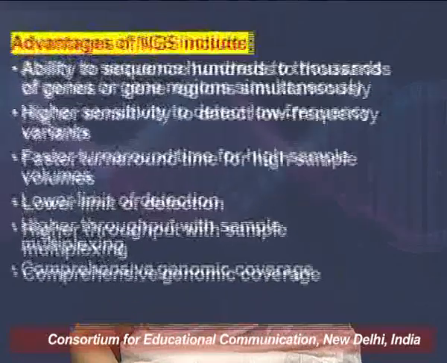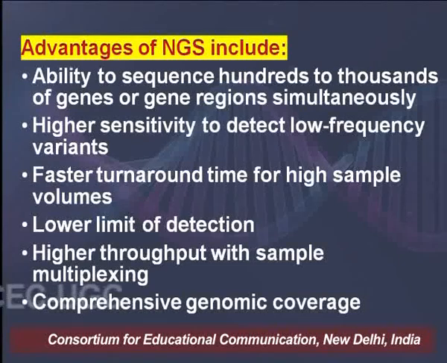We must have accurate determination of the bases, and you would realize that at every step we are talking about data quality or quality check. The advantages of NGS which made these studies possible were the ability to sequence hundreds of sequences or gene regions simultaneously.